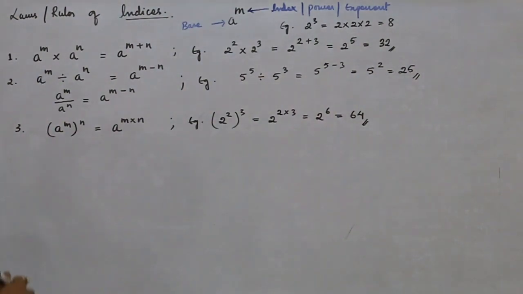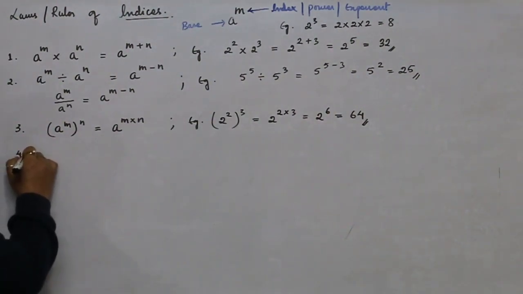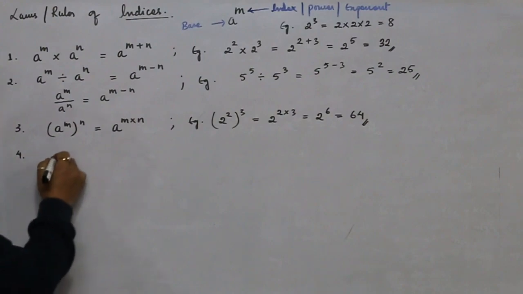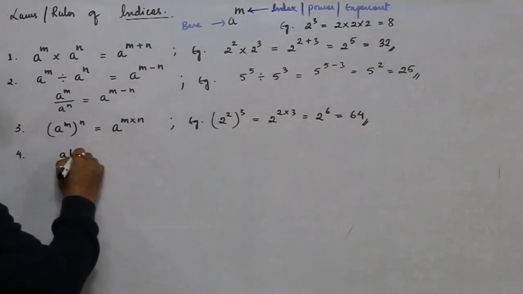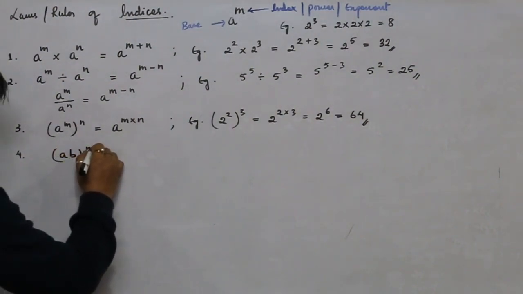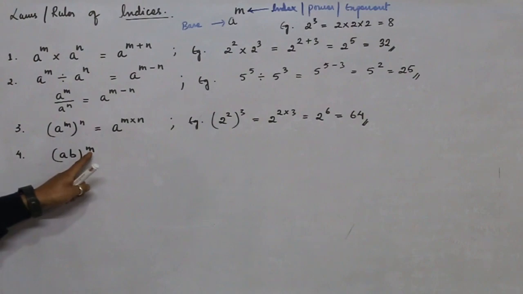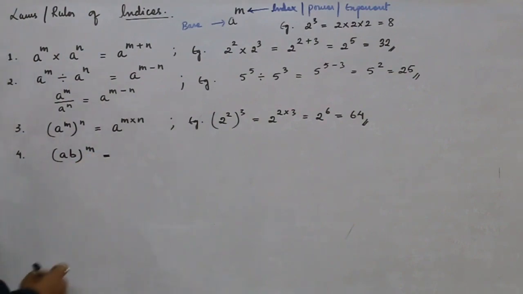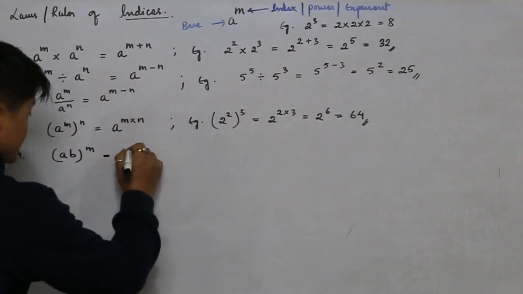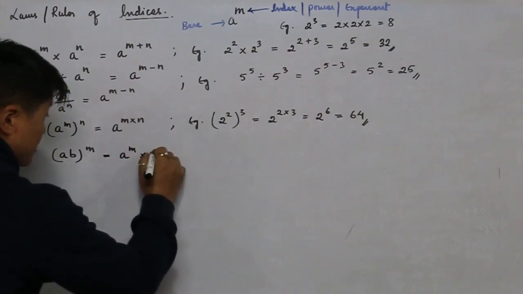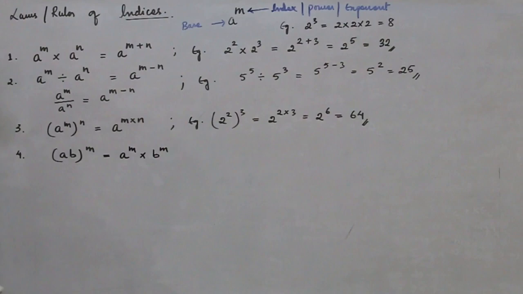Clear? And rule number 4 is: ab whole to the power m. In the bracket we have two terms and there is one power m, so we can split these powers. This will be written as a to the power m into b to the power m.